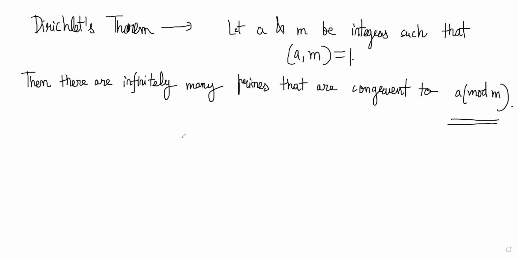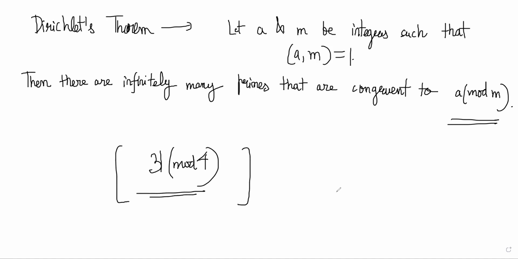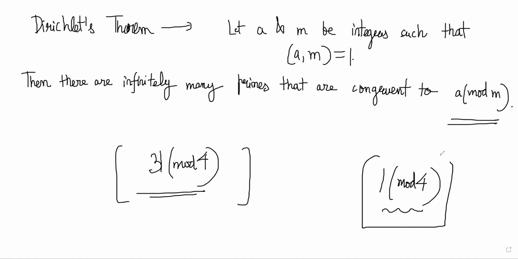So basically, just like we did earlier, we proved that there are infinitely many primes which are congruent to 3 mod 4, right? We have done the proof of that. We claimed that there will be infinitely many primes which are congruent to 1 mod 4, but we did not have a proof for that, right?